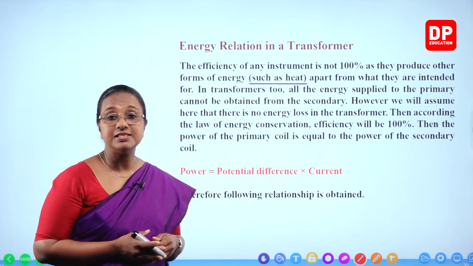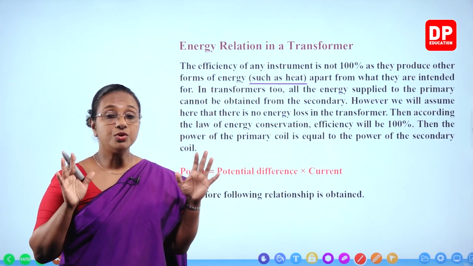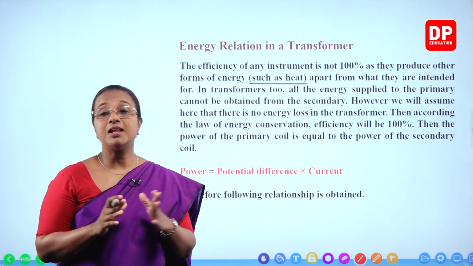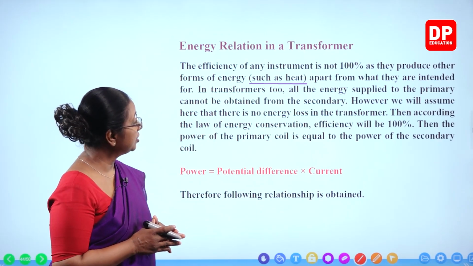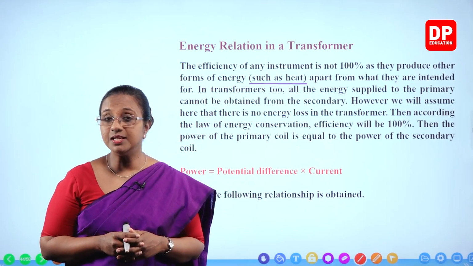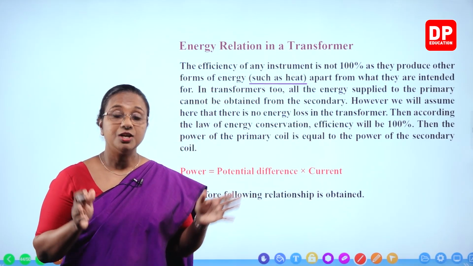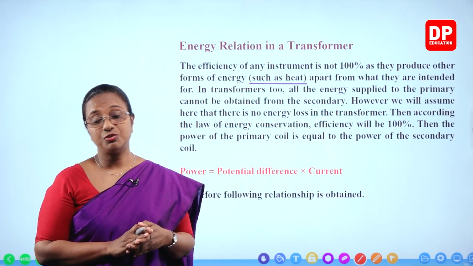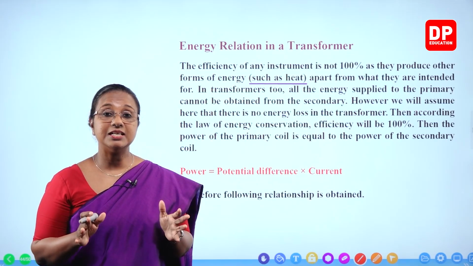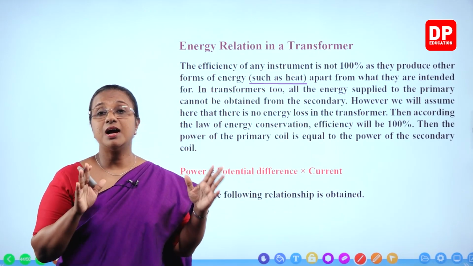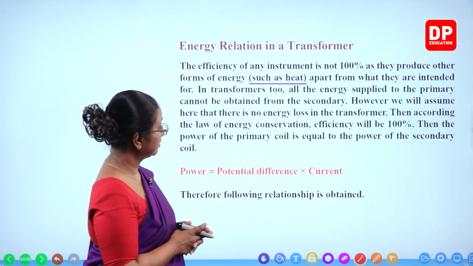Because of that, heat is generated. So practically, there is no appliance or instrument that is 100% efficient. But to do calculations related to transformers, we consider that the transformers are 100% efficient.